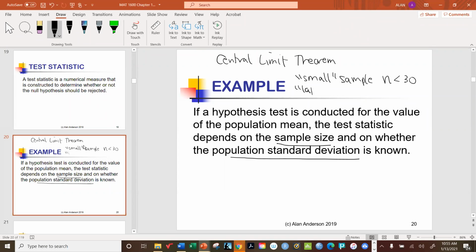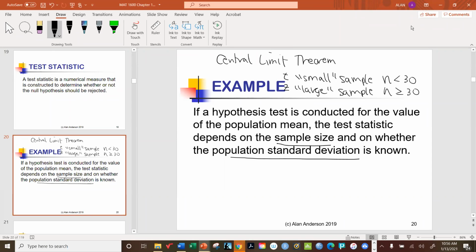A large sample is 30 or more. And in general, we use the t distribution for the small samples. And in general, not always, there are exceptions, but the standard normal is usually reserved for cases where we have large samples.